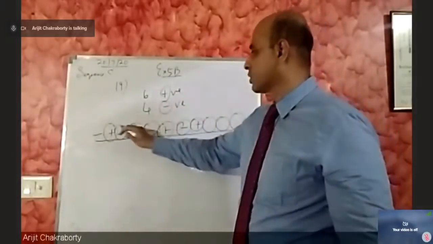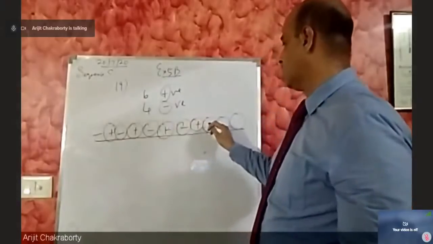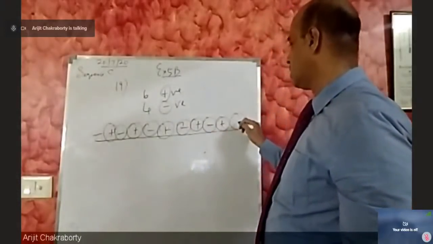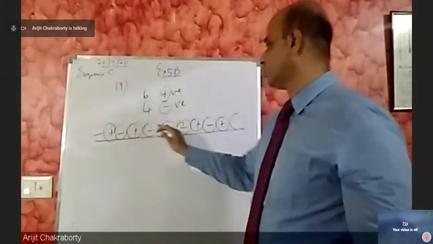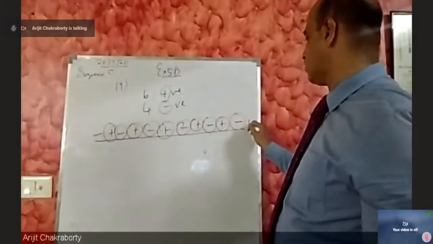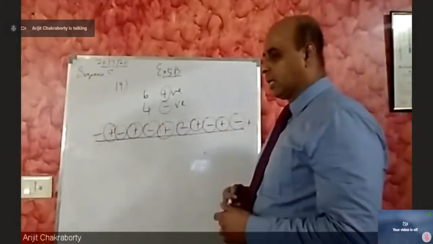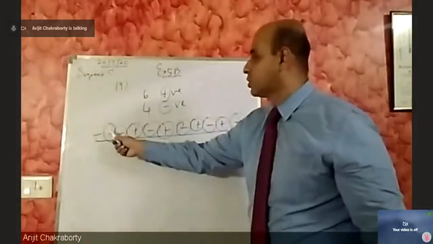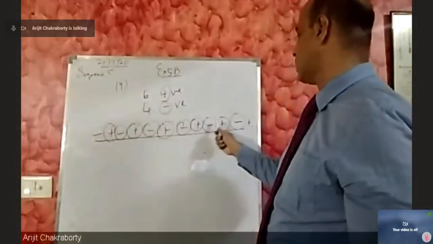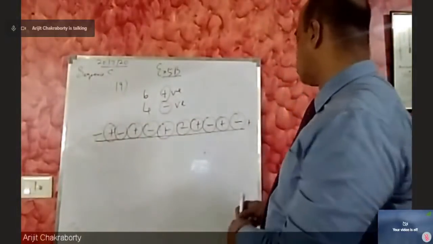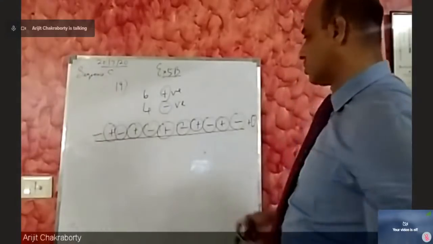We have 6 positive signs, and that means we have 13 positions, because you can place a minus here also.